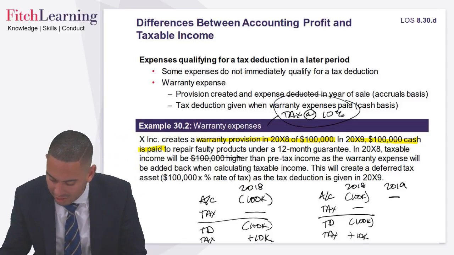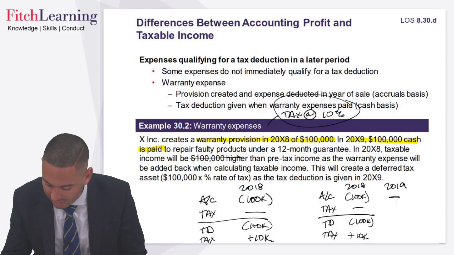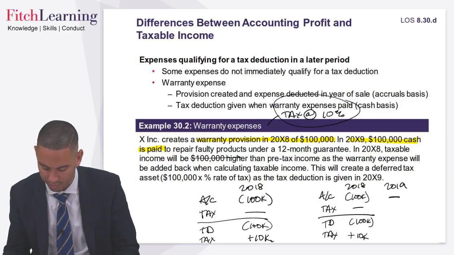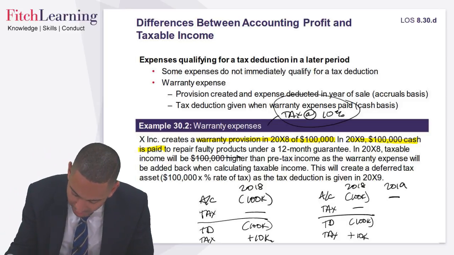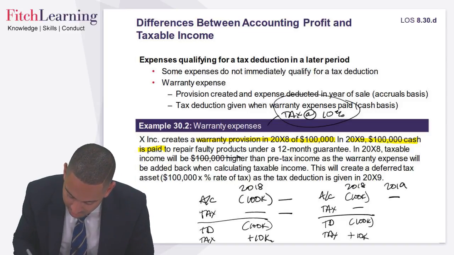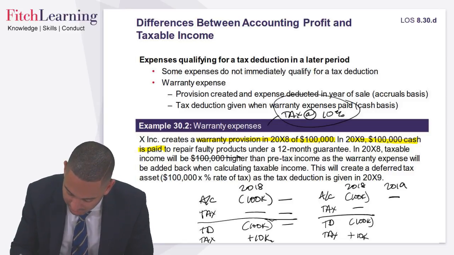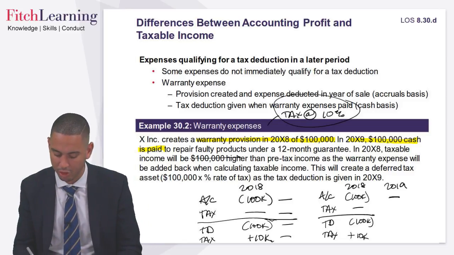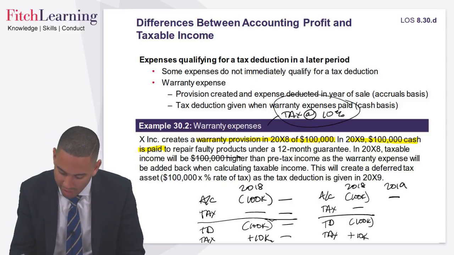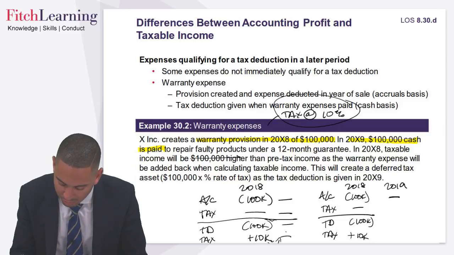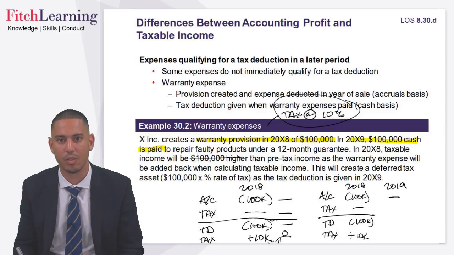But my tax is going to even this up. Actually, I'm going to do it from a balance sheet point of view. No deduction here, no deduction here. I have no temporary difference, and therefore I have no deferred tax. And where I had a deferred tax asset of 10k before, this is going to come down to 0.